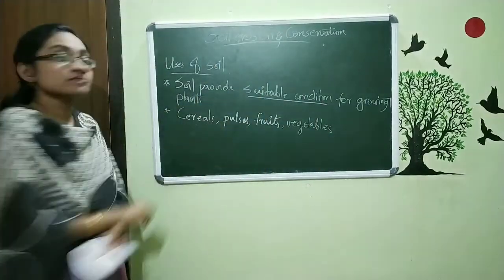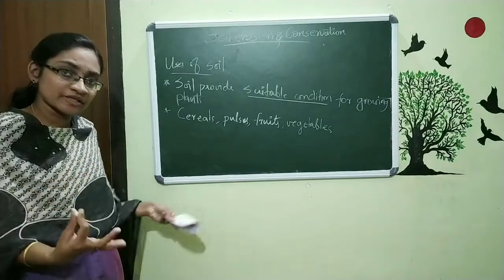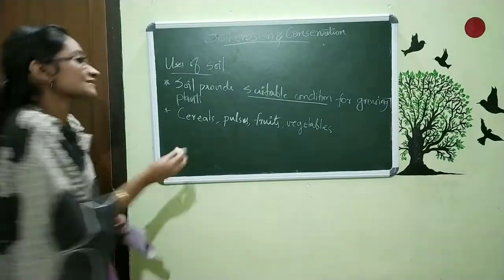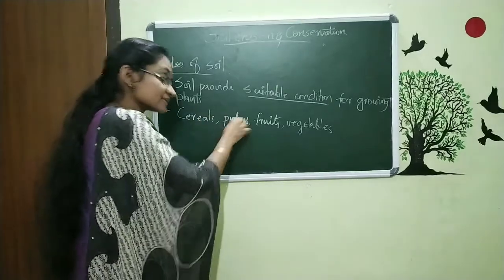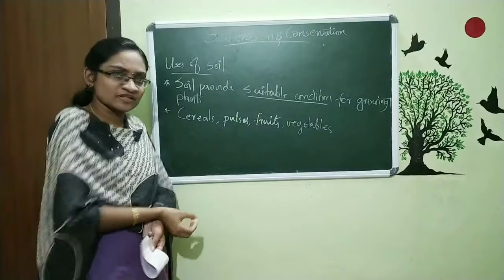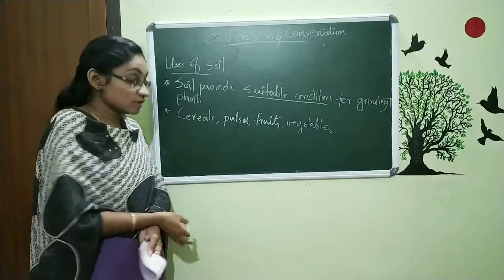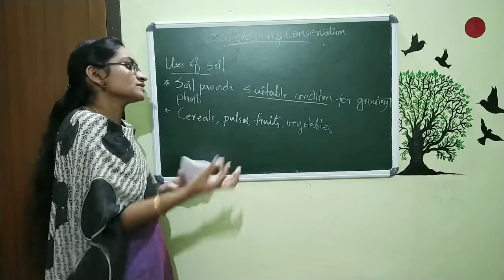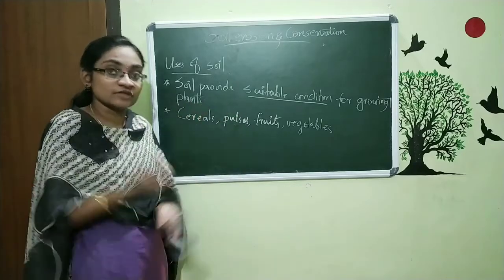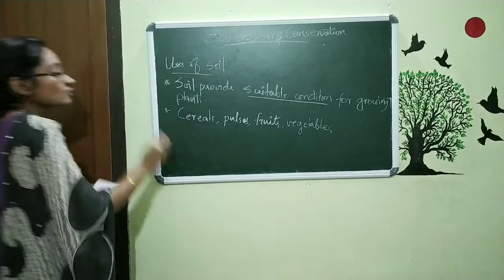These all are growing with the help of soil, or simply we can say these all are growing in soil. If there is no soil, is it possible to grow these plants? No. If there is no soil, no such growing will be provided, and we also don't get any type of food. So the soil is very important and we are talking about the uses.